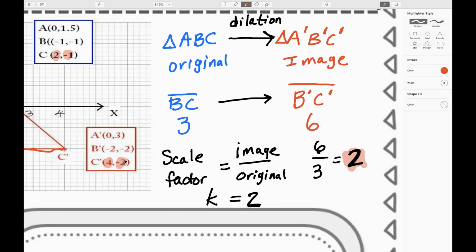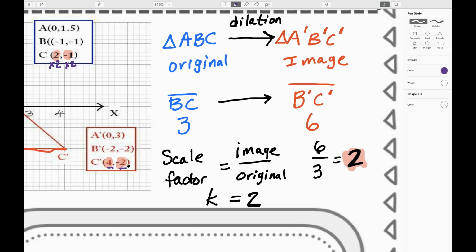So to figure out where the new C point should be, I'm going to take those coordinates, 2, -1, multiply each one by 2. So times 2 times 2. 2 times 2 is 4. Well, -1 times 2 is -2. And that is the coordinate of the image of C. So the original C is at 2, -1.